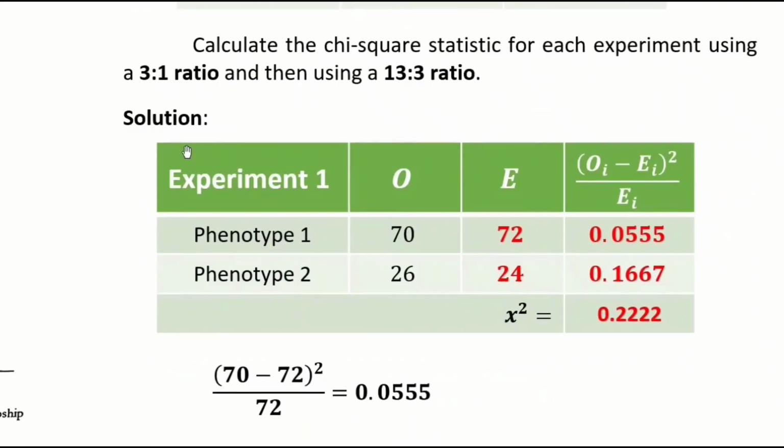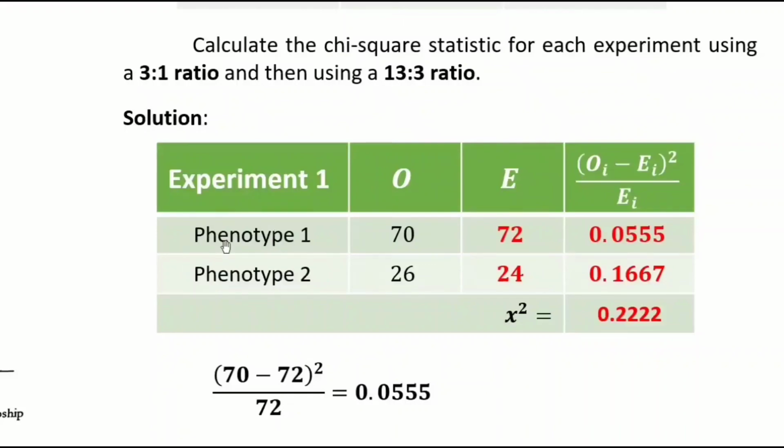Now, how do we do that? We just substitute the values or plug in the values to the given formula. Okay, let's consider first experiment number 1. We have to rearrange the table. So, for experiment number 1, we get the phenotype 1 and 2, and then we make a column for observed values, and we make a column for expected, and then we make a column for the computation of the deviations.